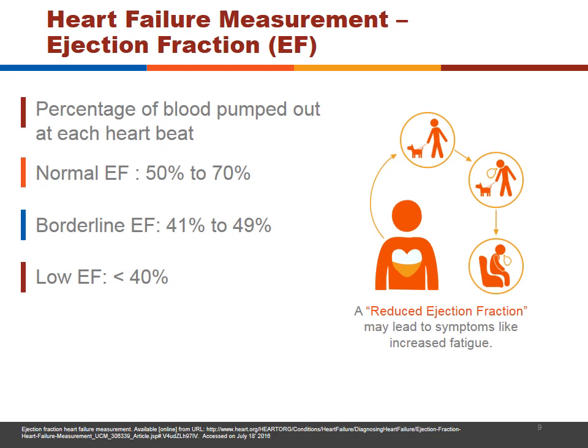No matter how forceful the contraction, the heart can never pump all blood out of a ventricle. The term ejection fraction refers to the percentage of blood that's pumped out of a filled ventricle with each heartbeat.